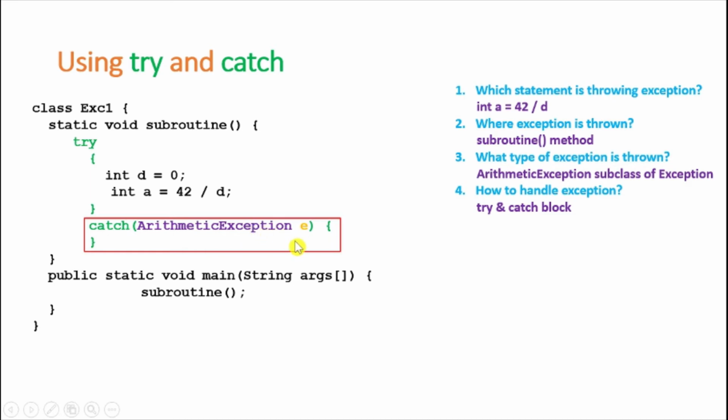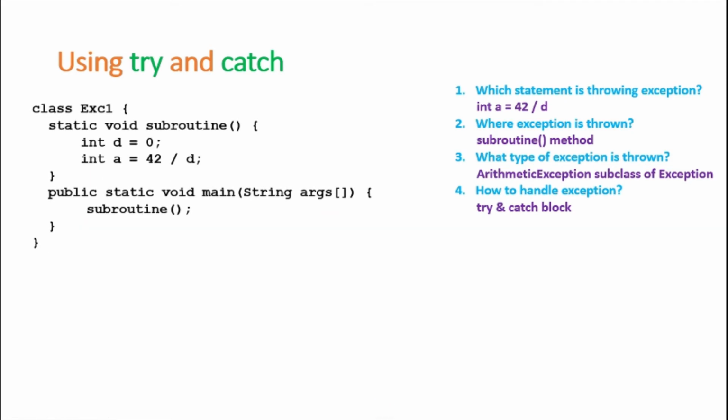Note, arithmetic exception can be replaced by exception because arithmetic exception is subclass of exception. Right? Now, let me remove try and catch block.